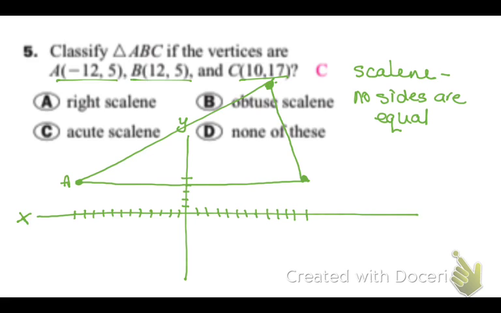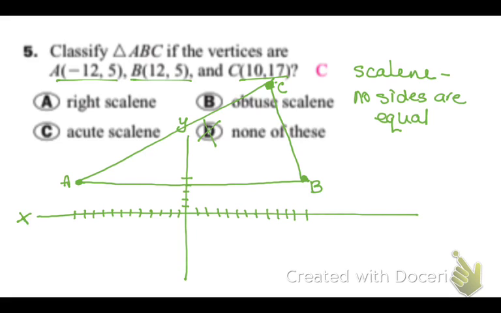And that's true. A to B is obviously the hypotenuse, and it's longer than BC, and BC is shorter than AC. So it's obviously scalene. So none of the above does not work.